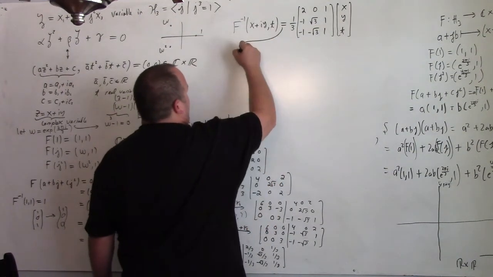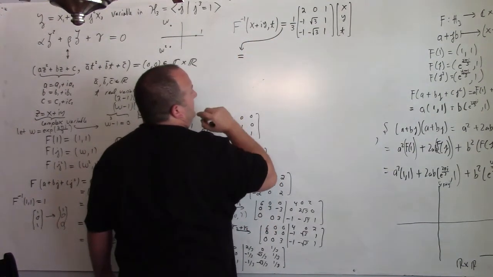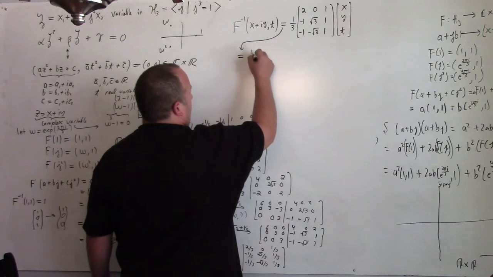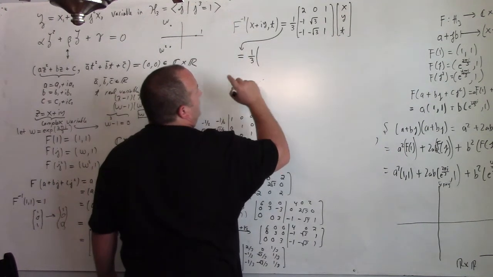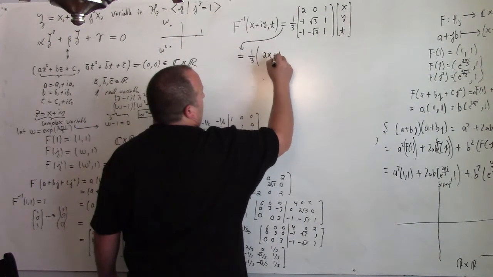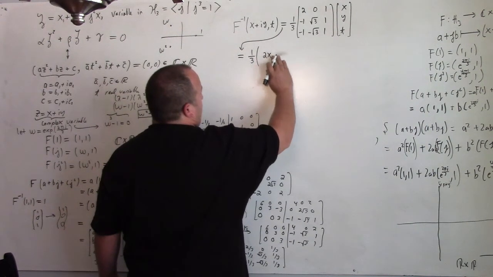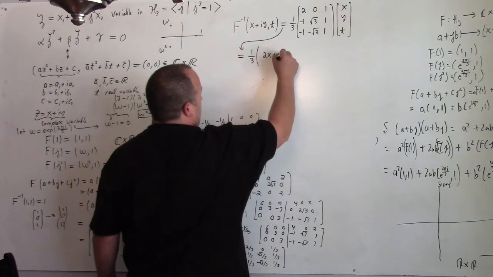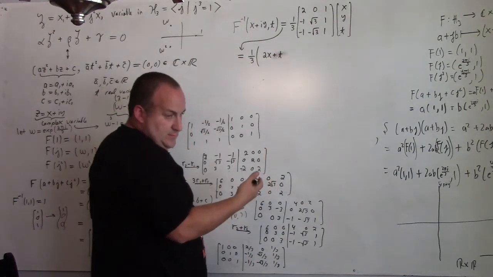But just to track back to the other notation, that would be 1/3 of 2x plus t, right? That's the part that goes with the number 1.